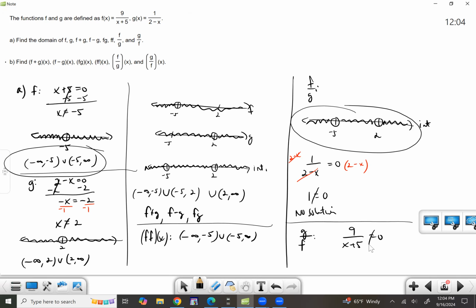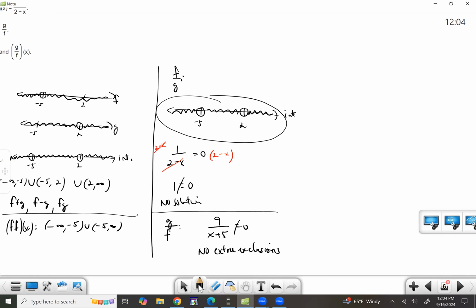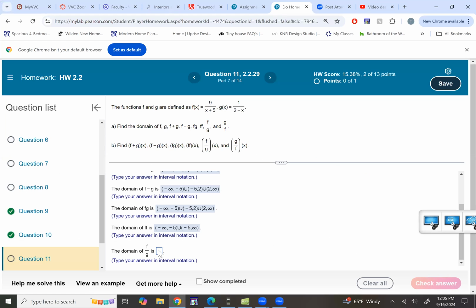So this can't be 0, which means no extra exclusions, right? So it looks like for both f divided by g and g divided by f, it's going to just be the intersection of negative infinity to negative 5, negative 5 to 2, 2 to infinity. We didn't get any additional values that we needed to remove.